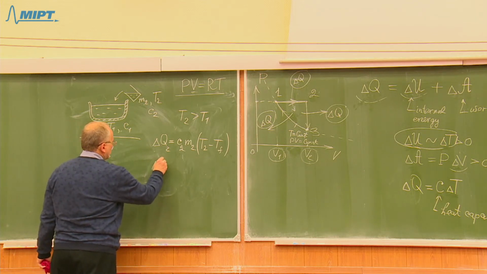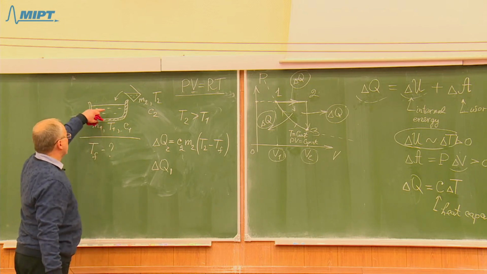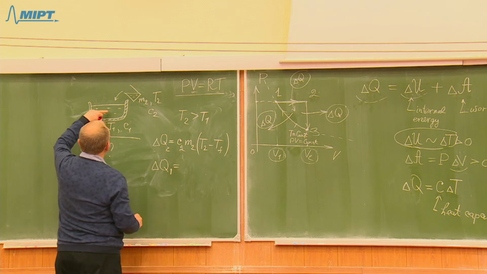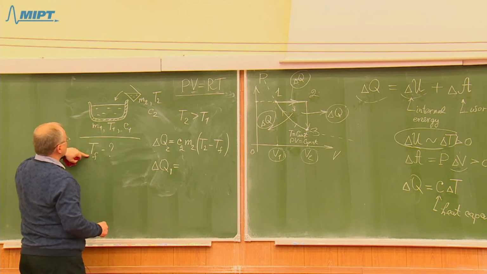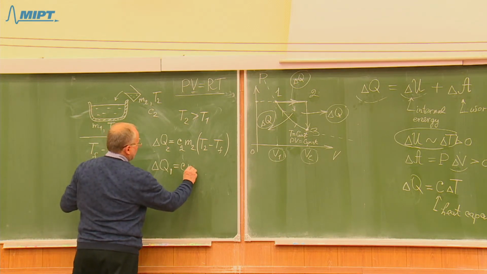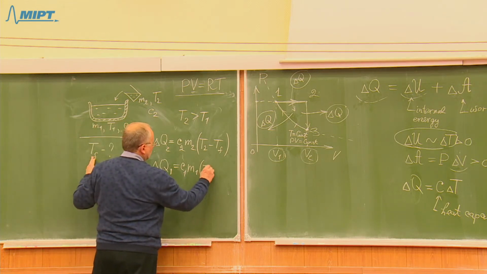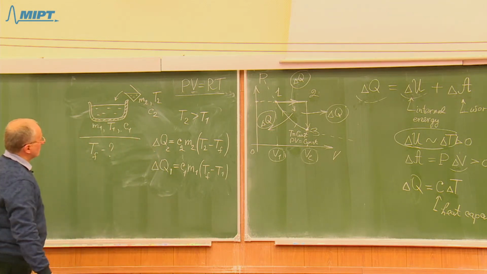And this very amount of heat energy will be absorbed by the first liquid. The amount of energy needed for the first liquid to increase its temperature from T1 to Tf will be the heat capacity of the first liquid, its mass, and the change in temperature, the final temperature Tf minus the initial temperature of this first liquid.